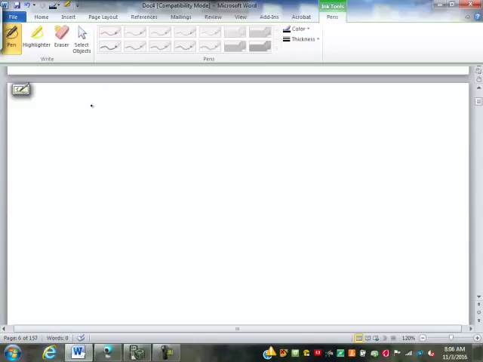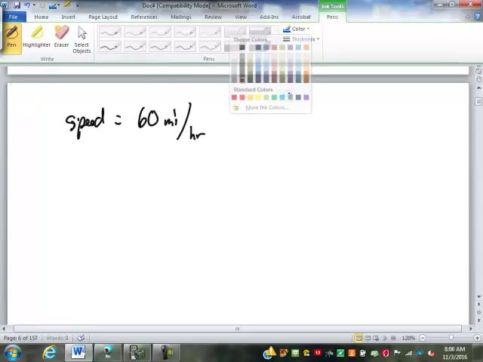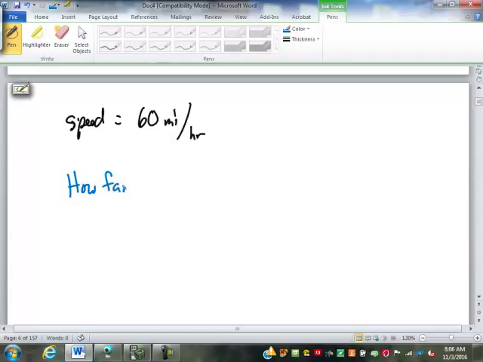For example, let's say we have just your speed listed as 60 miles per hour. You want to know how far can you go in 7 hours?